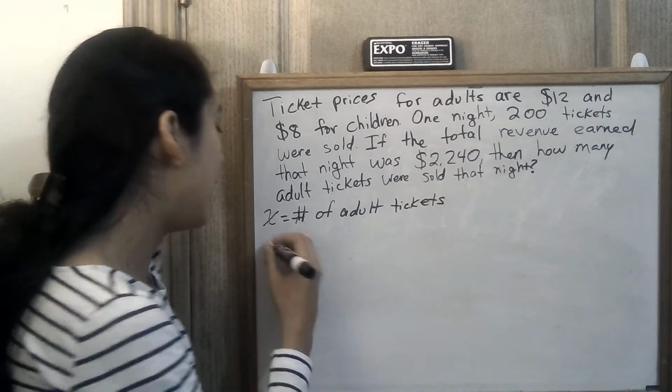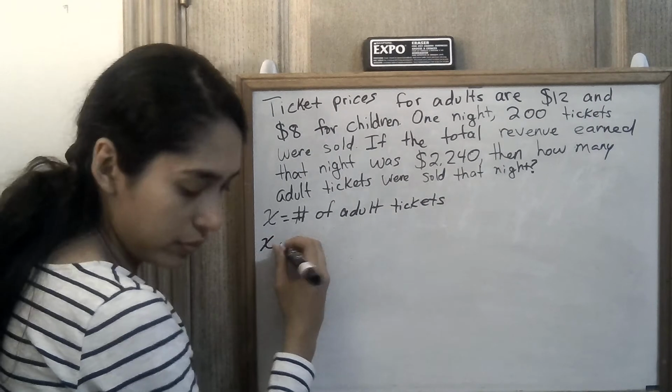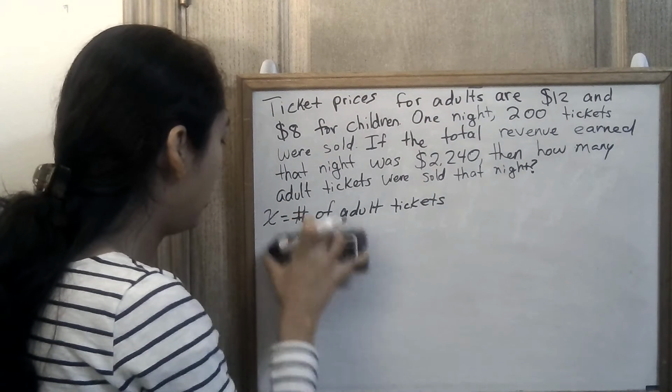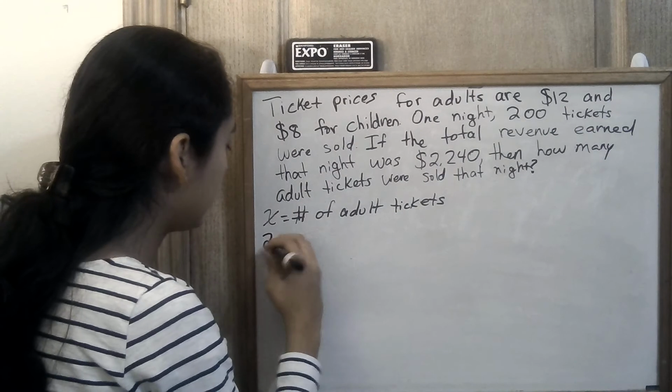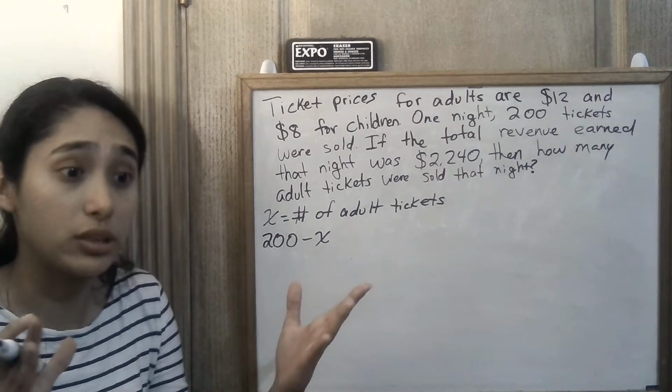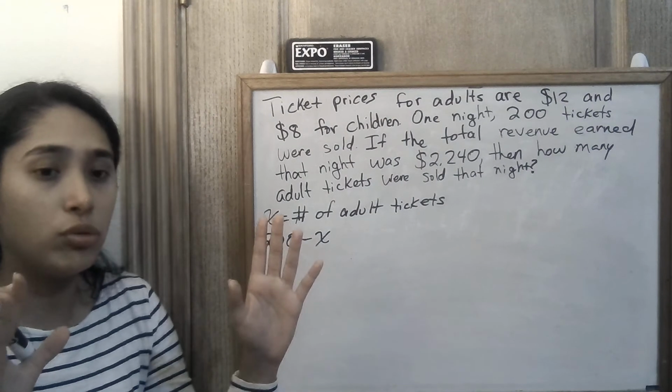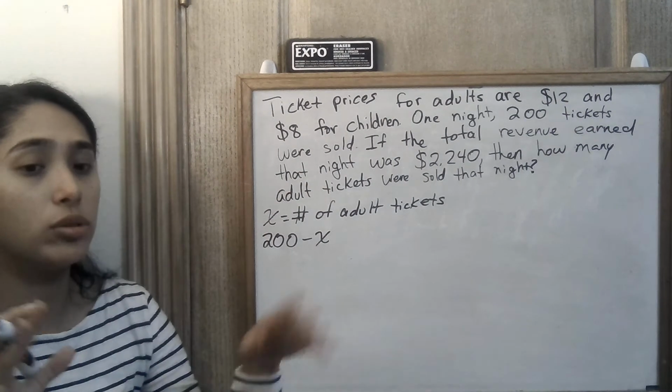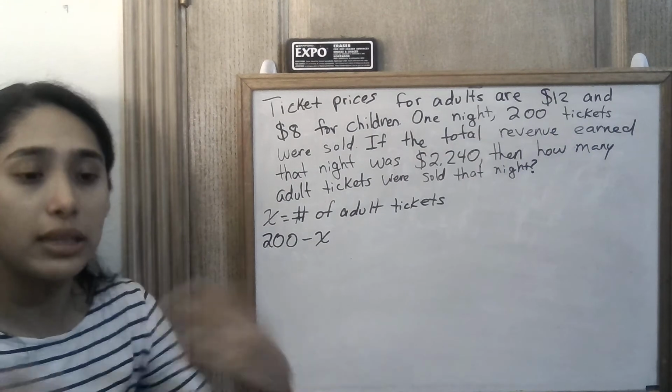So we're going to let X... the children's tickets is going to be 200 minus X, right? Where did you get this from? Well, there's 200 total tickets, right? And if we remove the adult tickets from those 200 tickets, we get the children tickets.